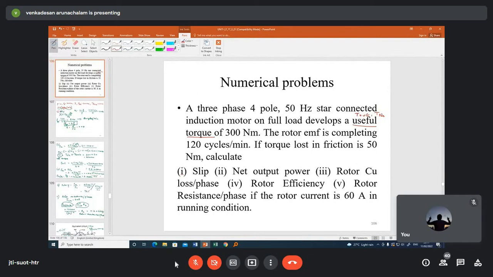So this is the T loss, that is equal to 50 Newton meter. So these are all the given data.